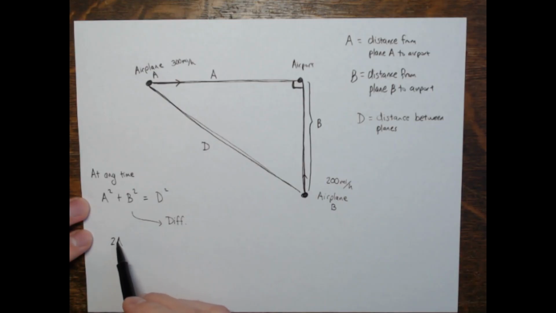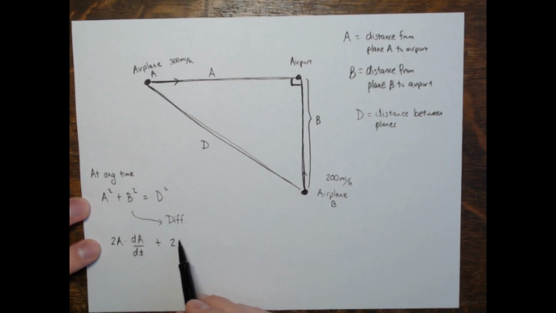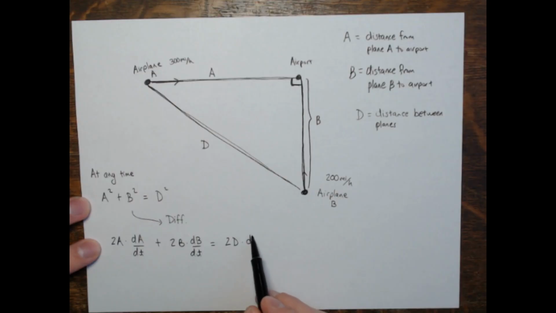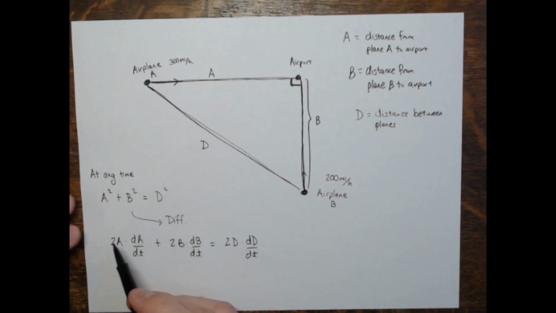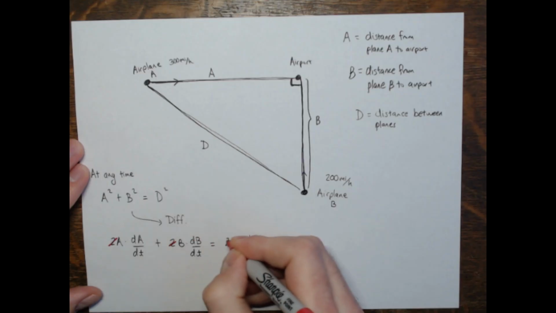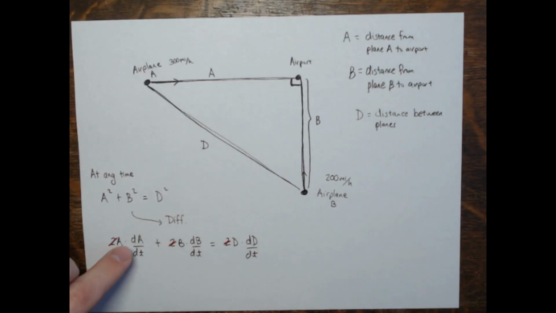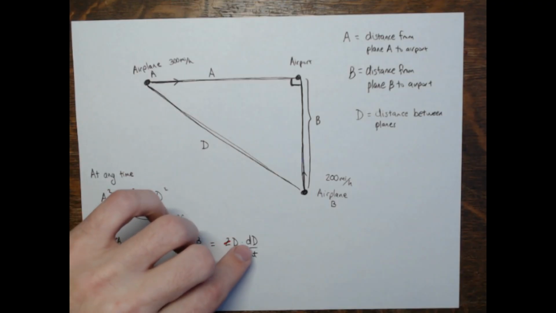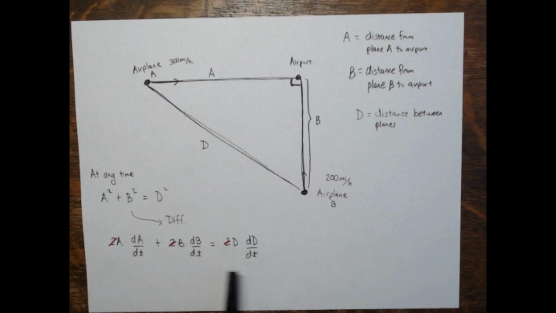So we have 2 times A times dA/dt plus 2 times B times dB/dt equals 2 times D times dD/dt, the capital D. And I'm going to get rid of all these 2's and divide both sides by 2. Okay, so we have A A' plus B B' equals D D' at any given moment.